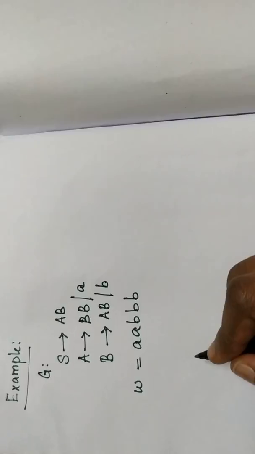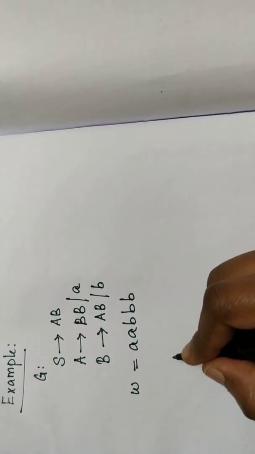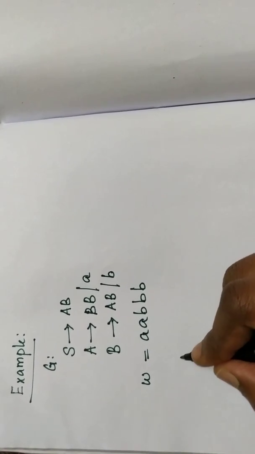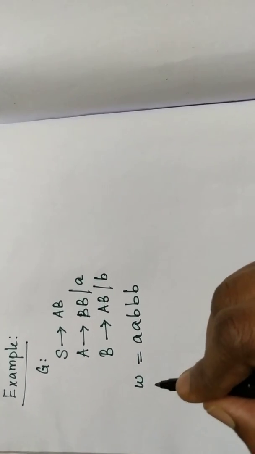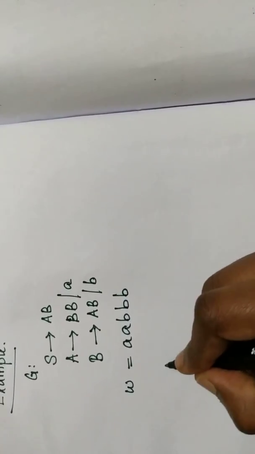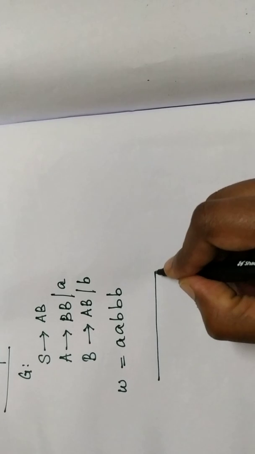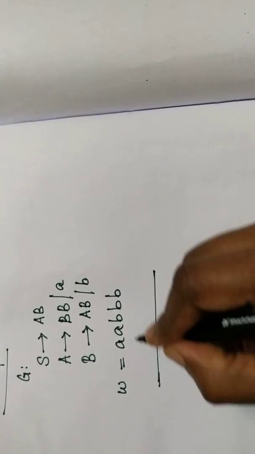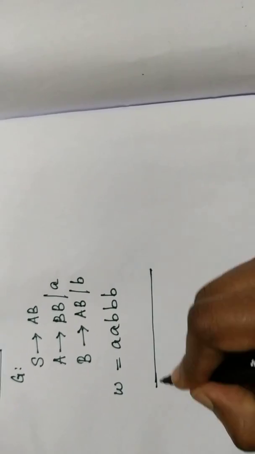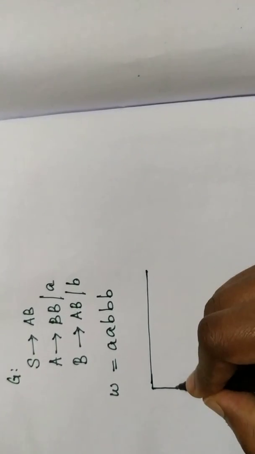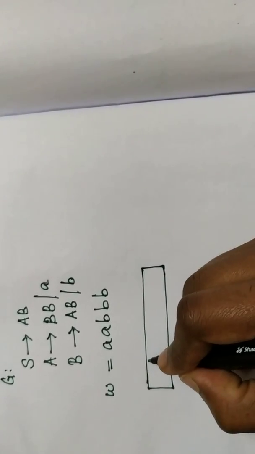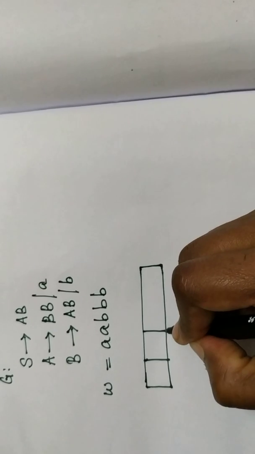Now we want to construct a table in which each row corresponds to one particular length of the substring. We have a string of length 5. The top row is going to contain substrings of length 1.